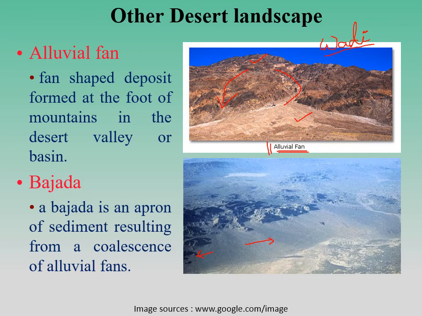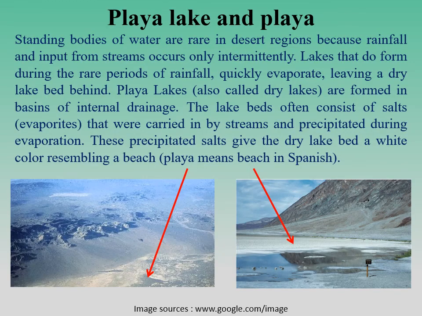Now, often it is found after the alluvial fans, the wadi, that is the temporary river in the desert area, they will encounter a flat lying area where the flowing water becomes stagnant, because in most cases the surrounding areas are highland areas. So in this flatland area, the Wadi river water becomes stored or stagnant.